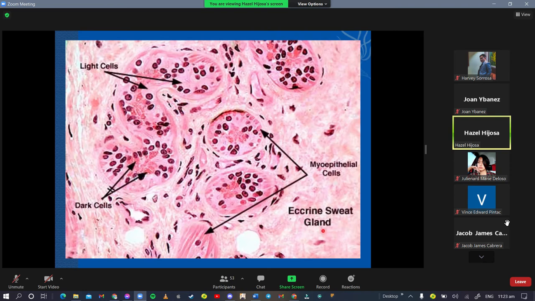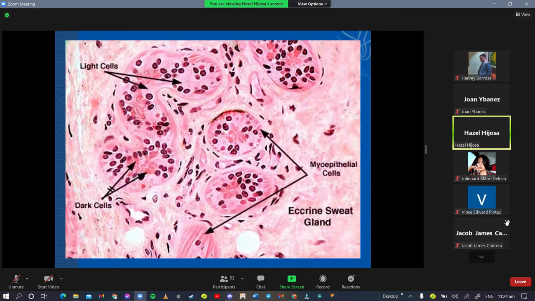Now it also has secretory segments, which are located deep in the dermis or in the upper part of the hypodermis. And the secretory segment is composed of three cells. Namely, you have the light cells, which contain abundant glycogen, and the dark cells, which contain abundant rough endoplasmic reticulum and secretory granules.